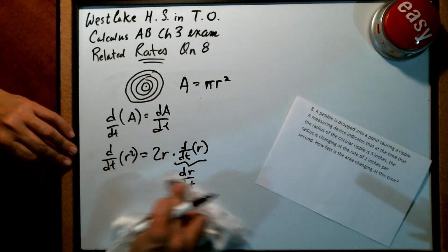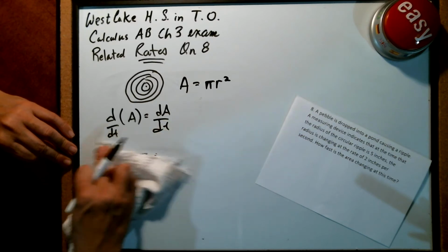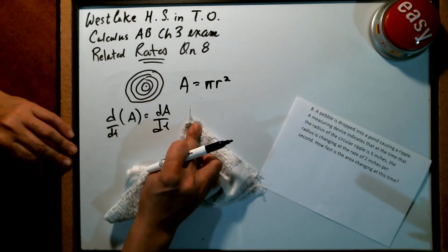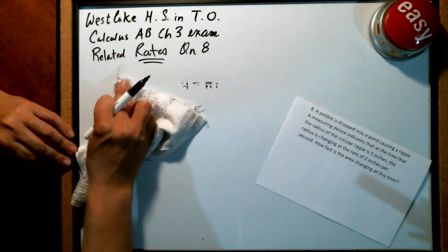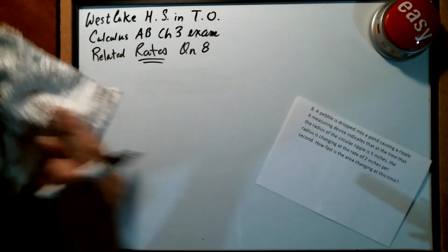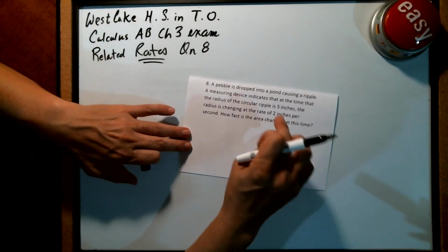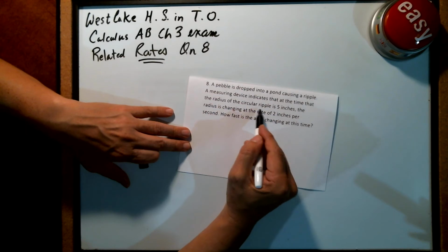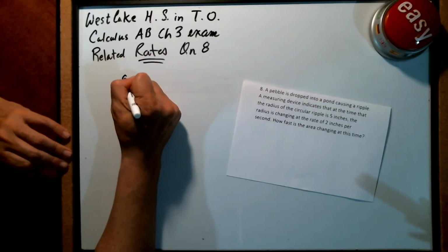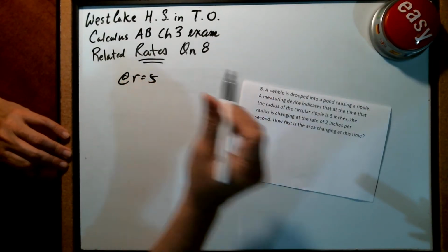All right, we might do a little bit harder question. I'm not quite sure yet, because I noticed that there was some extra harder question as well. So let's analyze this information and then write it in words. A measuring device indicates at the time the radius is 5 inches. It says at our radius equals 5.